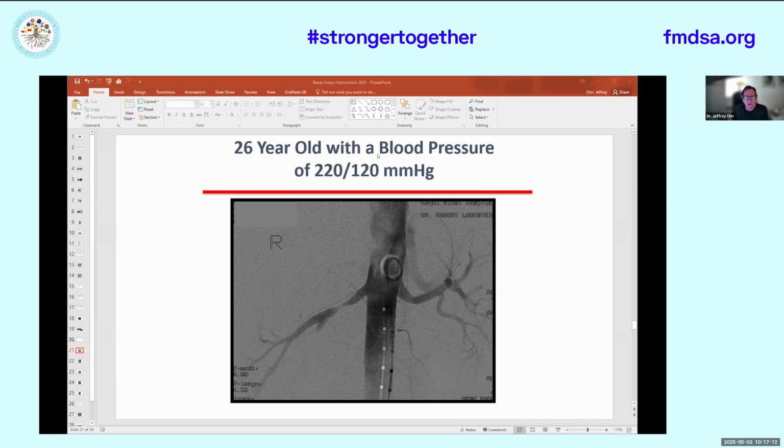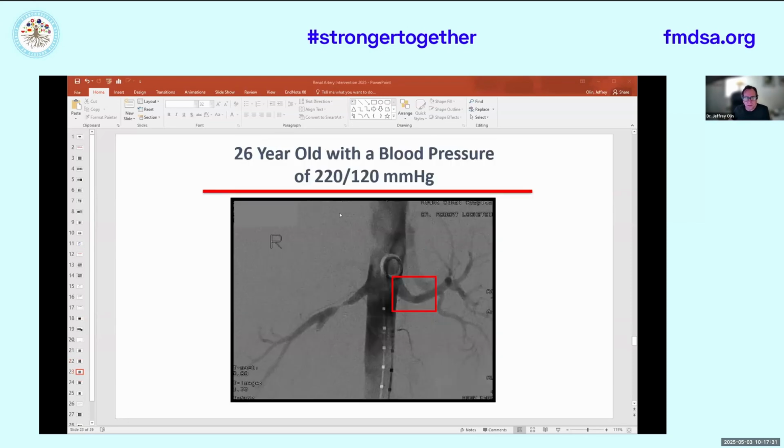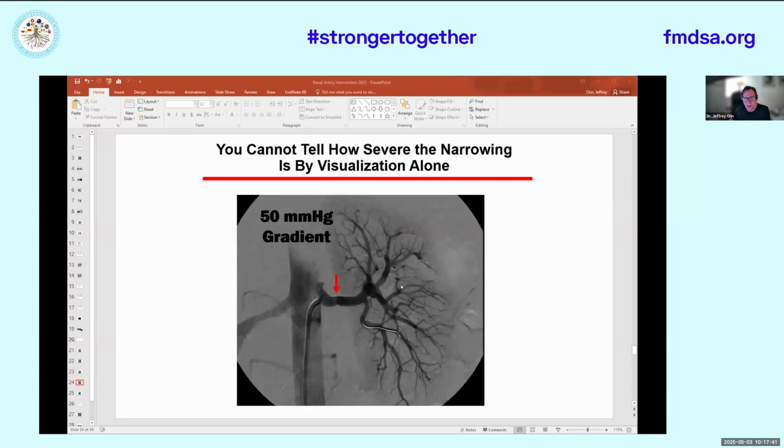Now, here's a perfect example of what I'm talking about. This woman has a tubular stenosis here. She's 26. She had high blood pressure for about the last 6 months, and her cardiologist picked it up very early. This renal artery looks normal. So we did an angioplasty, and this looks pretty good. So we come back, and you can see here that it really looks quite normal. We routinely do pressure gradients on arteries that look normal.